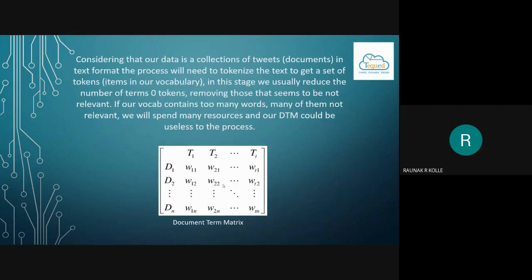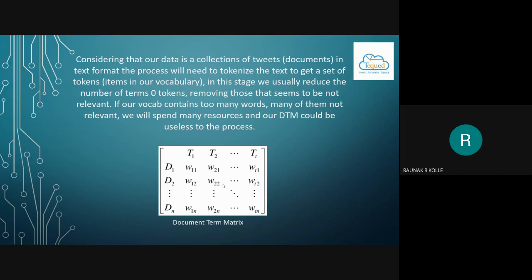Considering that our data is a collection of tweets in text format, the process will need to tokenize the text to get a set of tokens. In this stage, we usually reduce the number of terms, removing those terms which are not relevant to the document.